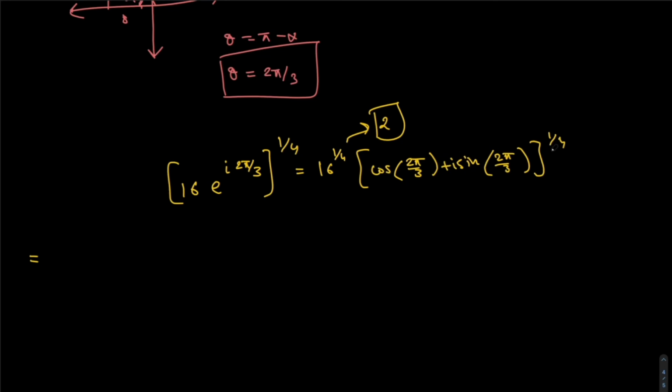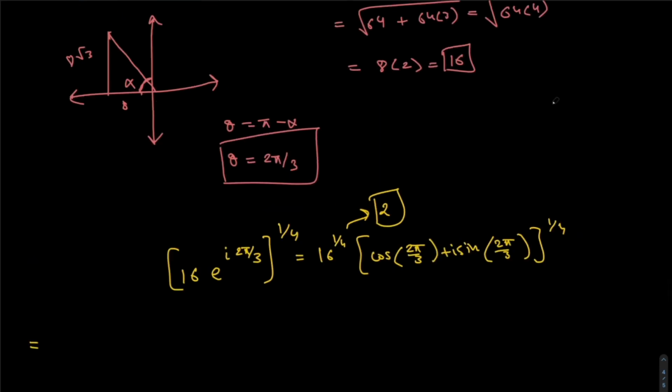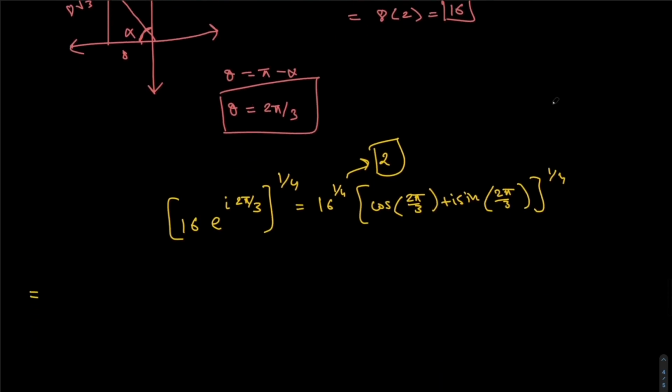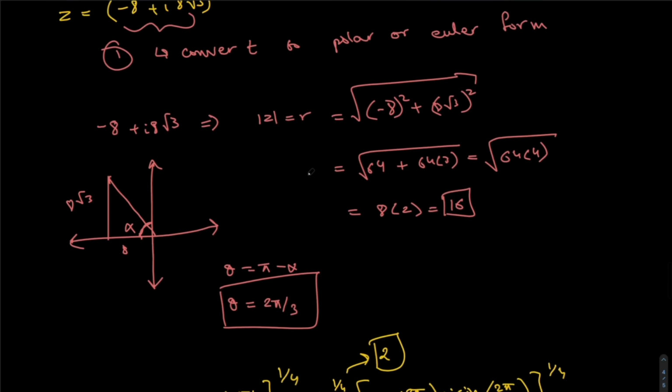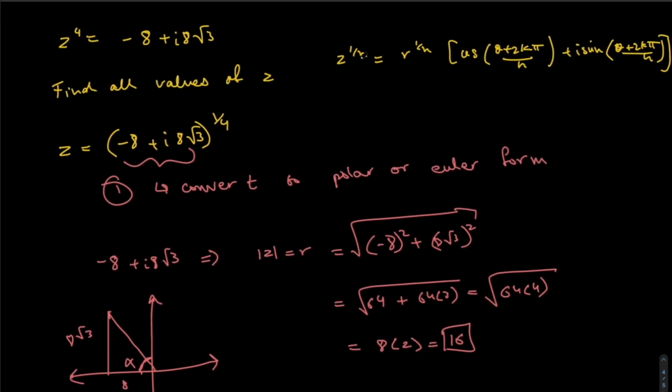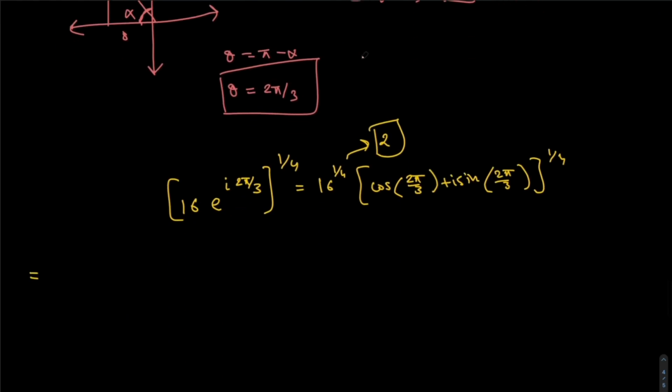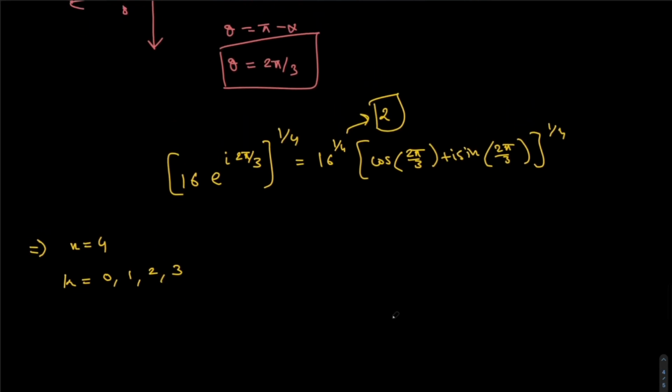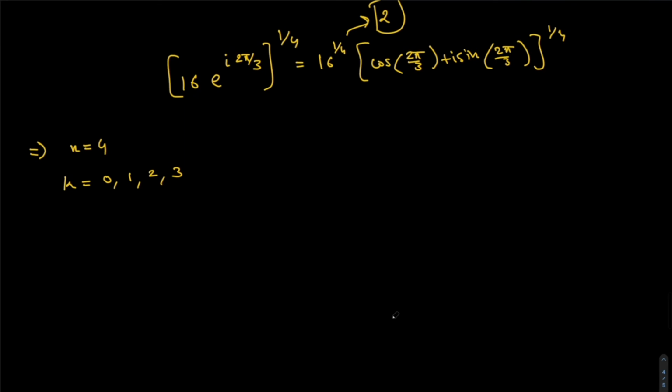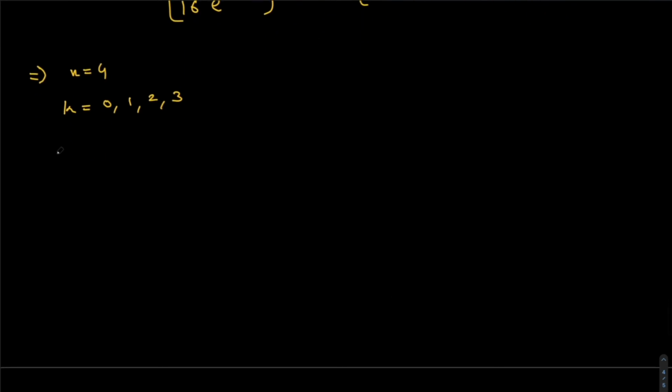So now here's the key part. Now we have to know what n and k are here. By this entire standard process, 1 upon n, so n has to be 4. So I know n is 4. That means k can take values of 0, 1, 2, and 3, because k goes from 0 to n minus 1. So now let's go ahead and evaluate for k is equal to 0.